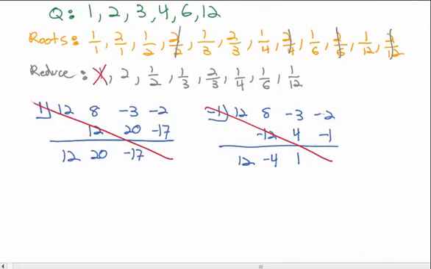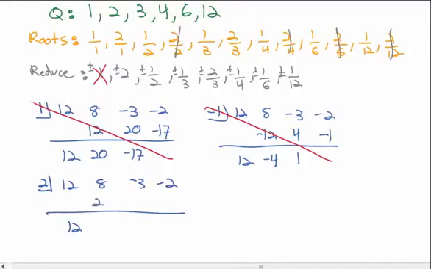So the 1's out. We tried the plus and minus. Don't forget, very important, you have to try plus and minus all the way through, positive and negative on each one of these. Checking both. So 1 didn't work. We're going to try 2 with 12, 8, negative 3, and negative 2. 12 times 2 is 24, plus 8 is 32, times 2 is 64. I can see already these numbers are getting huge.